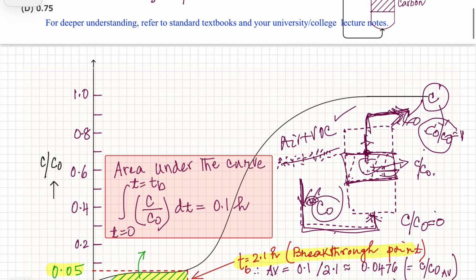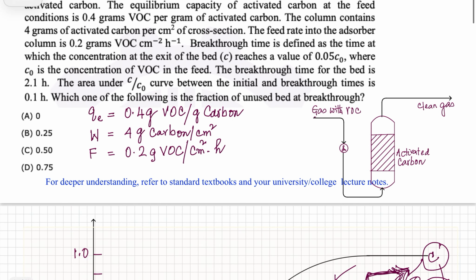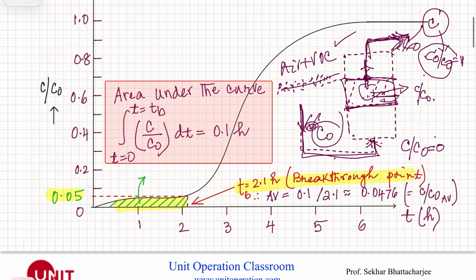As we have shown in this figure, this breakthrough time here is 2.1 hour, and this is 0.05 C0. The area under the C by C0 curve between the initial and the breakthrough time is 0.1 hour.